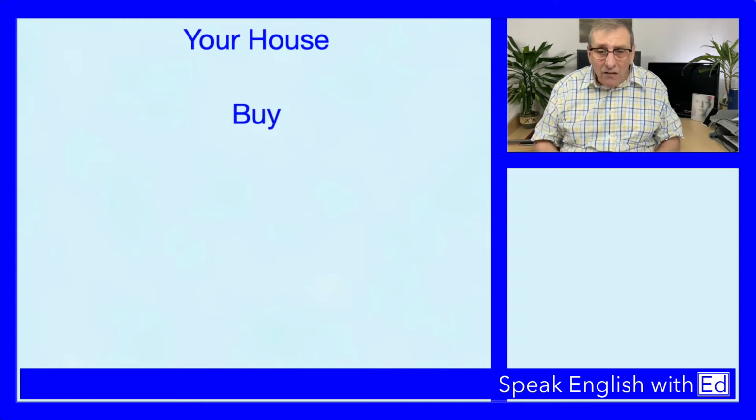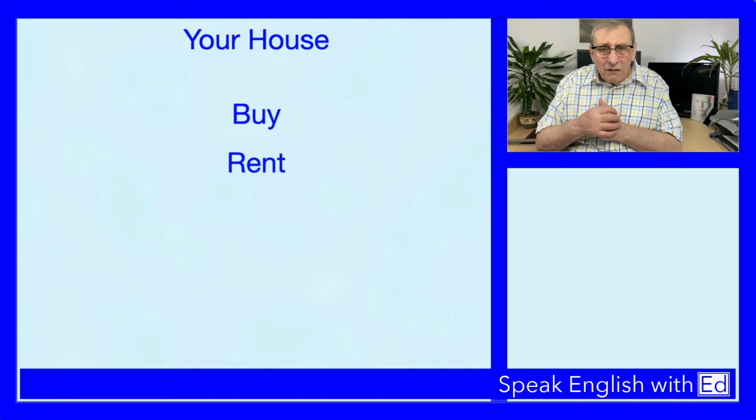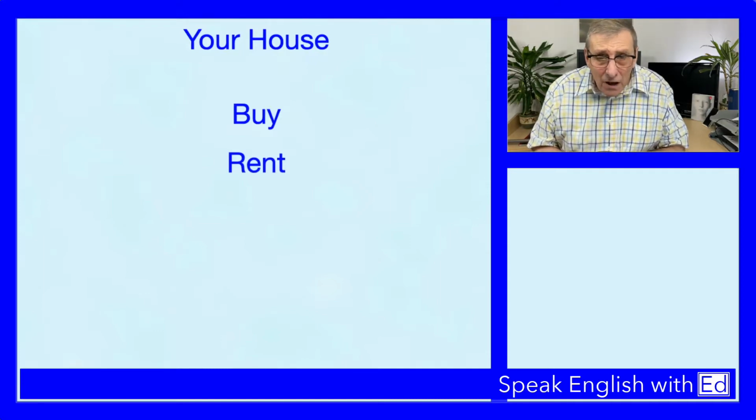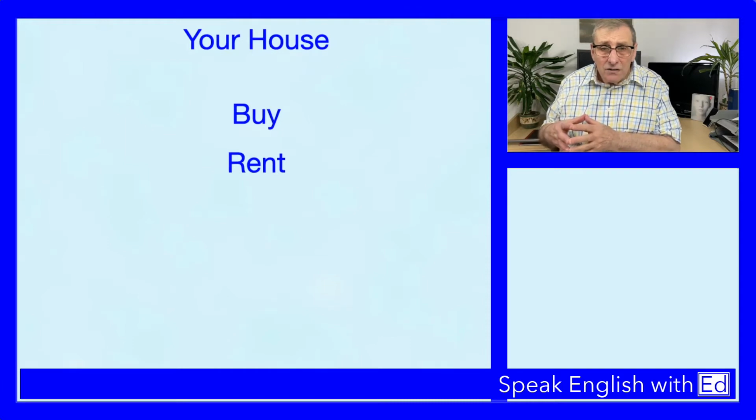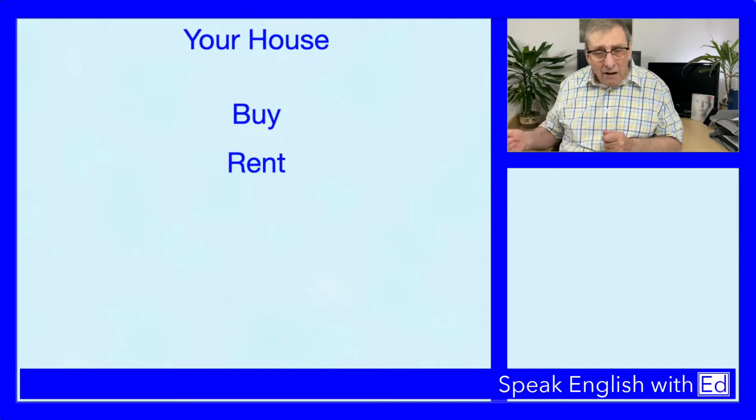That's one way. And then the other way that you can live in a house is to rent a property. Now, renting a property, somebody else owns the house, and you pay them every week, every month, an amount of money to live in their house. They maintain the house, they look after it and keep it up to scratch.